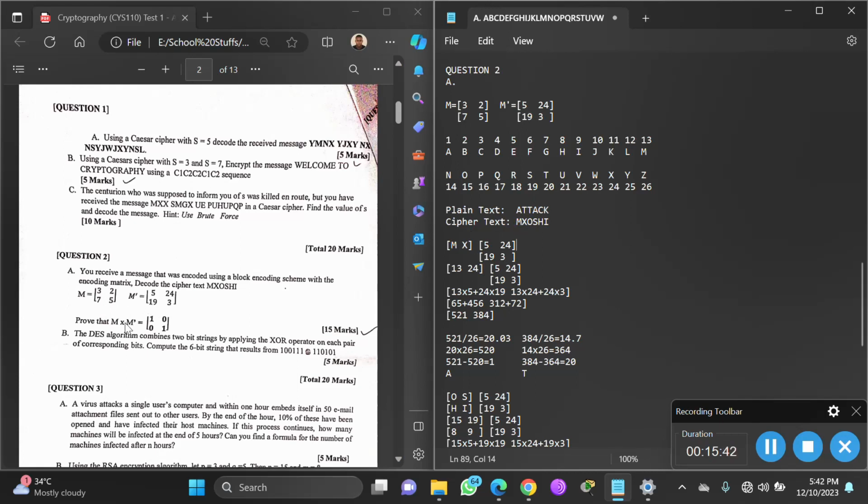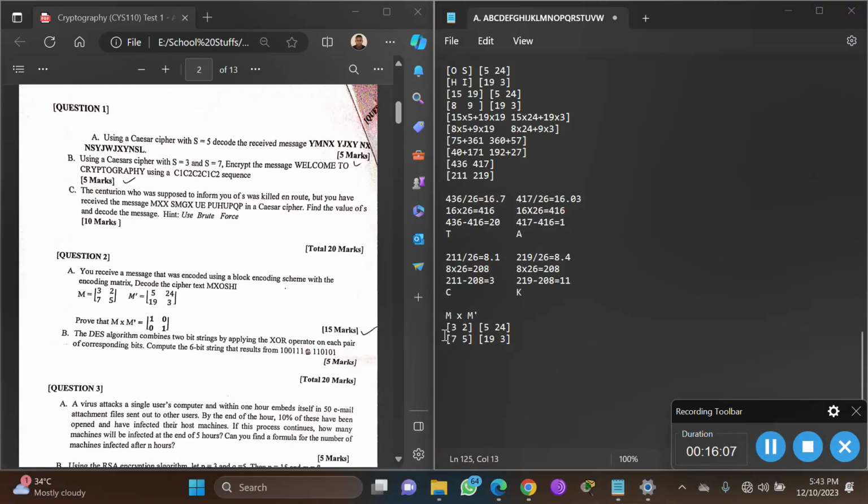So the question continues that prove that M times M is equal to this identity or unit matrix 1 0 0 1. Okay, so here is just a matter of you knowing how to deal with these matrices. So let's do that.